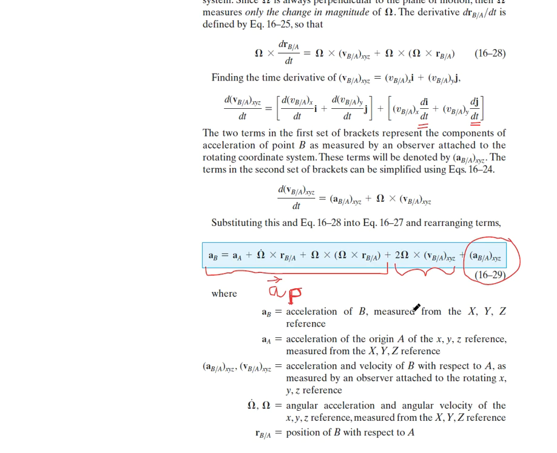I'm sorry, to your left. So the direction of omega would be towards the north or polar star, north star.